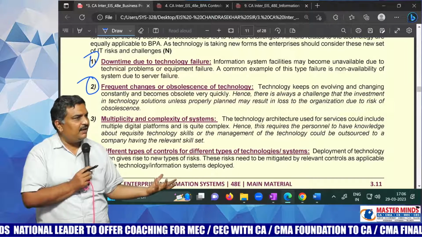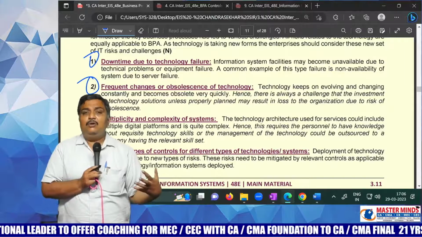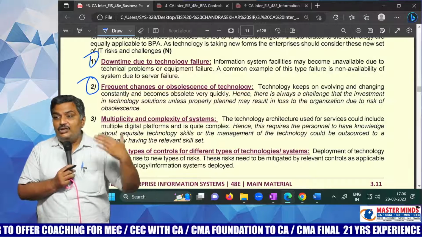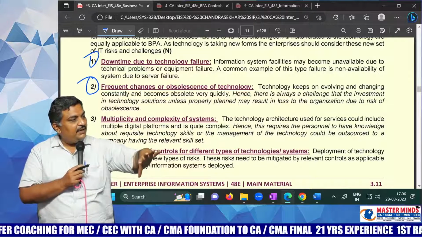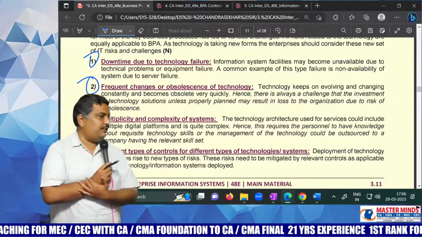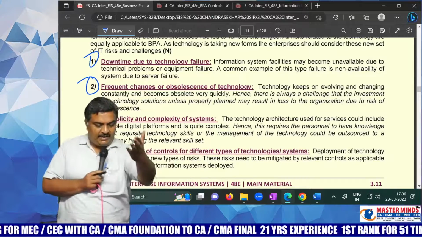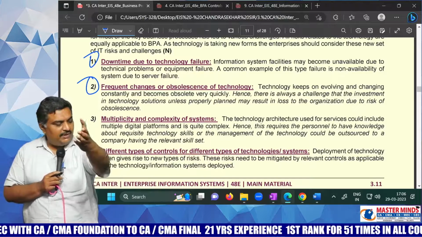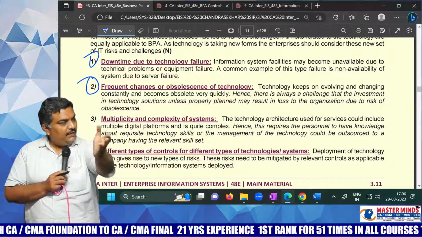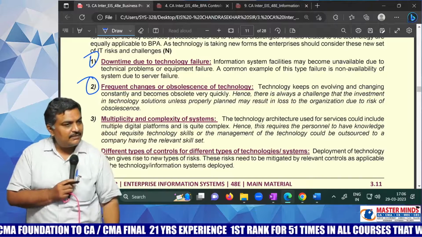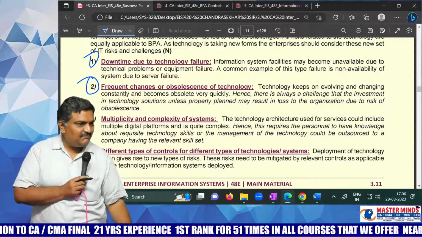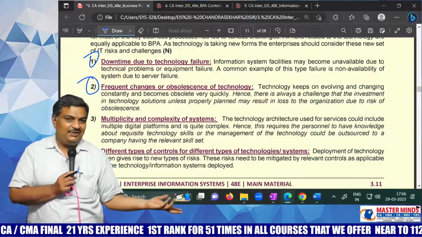Do you understand what I am telling? So, frequent changes or obsolescence of technology. Obsolescence means you make a lot of investment in the current technology, but all of a sudden it is no longer used. You have cameras in front of you right now, the third version, and today we are upgrading to 4K cameras. All these cameras will go to waste within a short span of time. That is the business in technology.